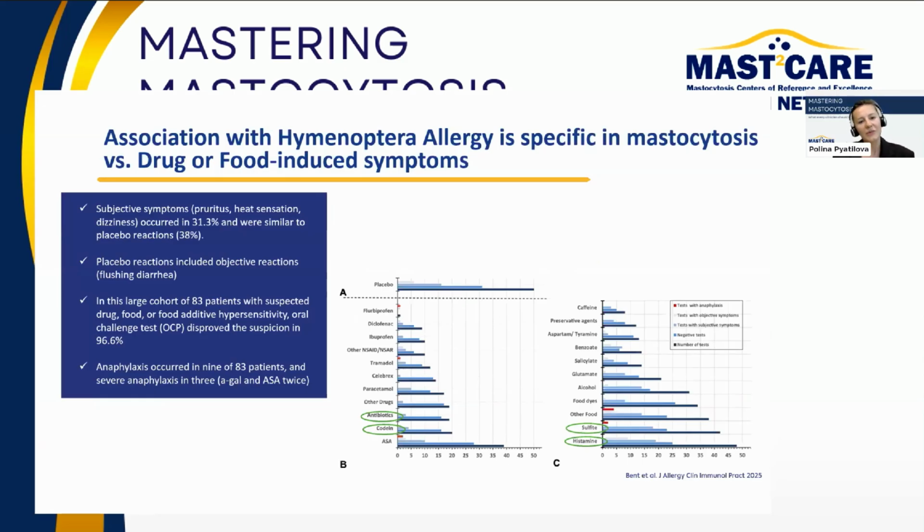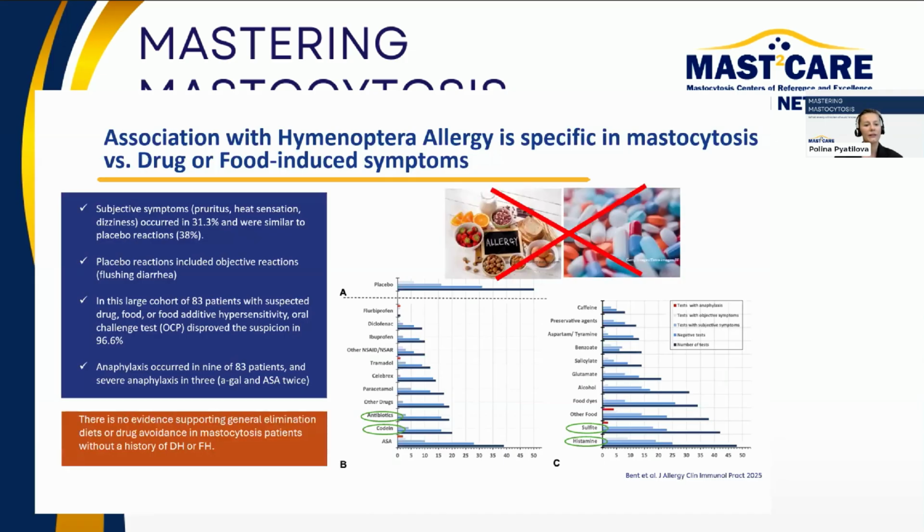I want to touch a little bit on other triggers like drugs and food symptoms. This study also showed that after provocation tests, the allergic reactions were at the same level as in the placebo group. So we know that there is no evidence for now which could support that these patients need to undergo specific diets or avoid drugs.